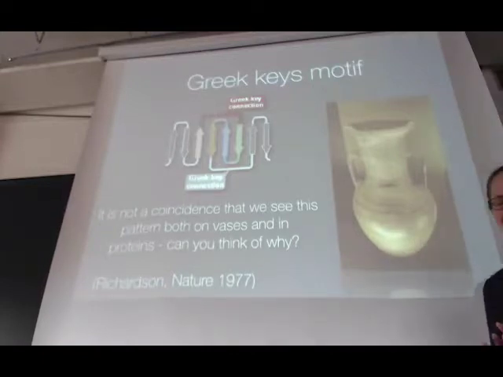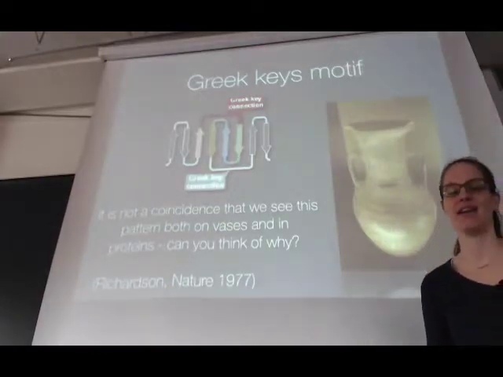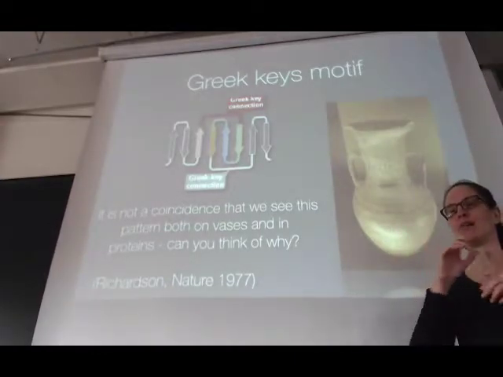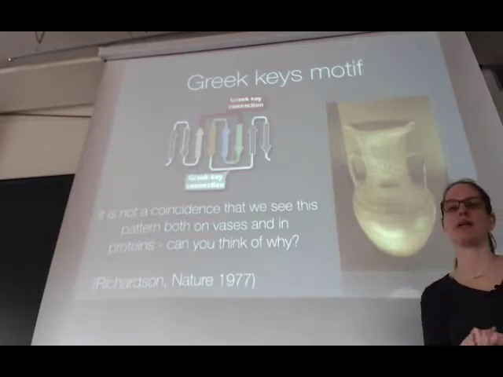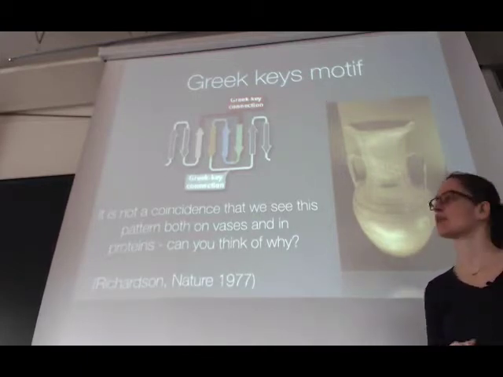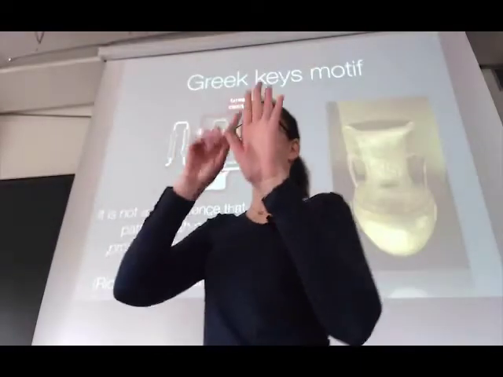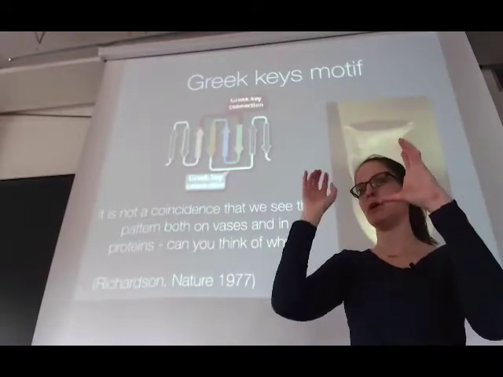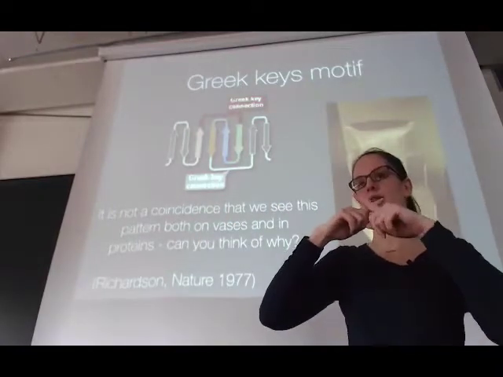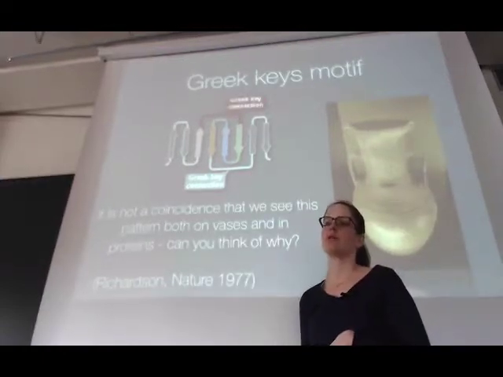We don't know. But think about how you can envelop a volume in a line that doesn't crash back into itself. There's actually not many ways to do this. So this is pattern filling, right? It's something that artists like to do. If you're going to put one line and you want to fill some volume and the line can't cross itself, then this is a kind of interesting way to do it.